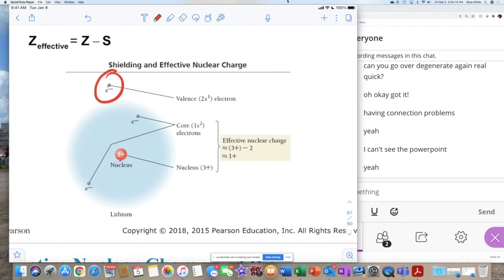If these inner or core electrons were not there, the valence electron would experience the full +3. But because they're there, they shield the valence electron from the full charge. They neutralize the nucleus ever so slightly, each of them by a charge of -1.